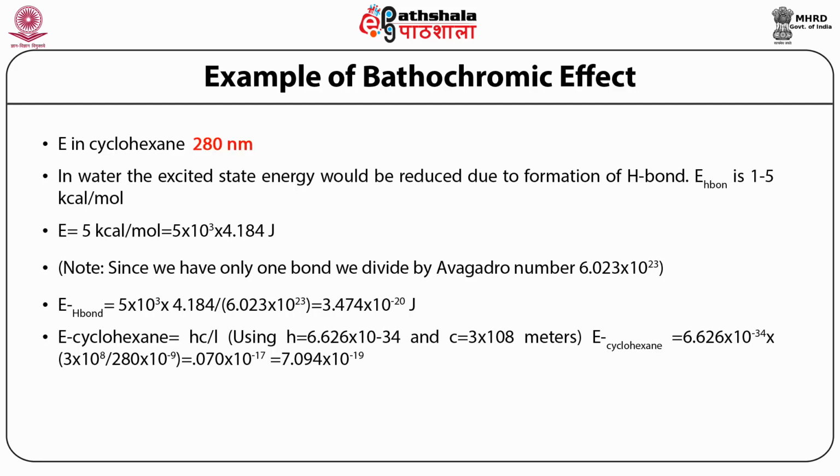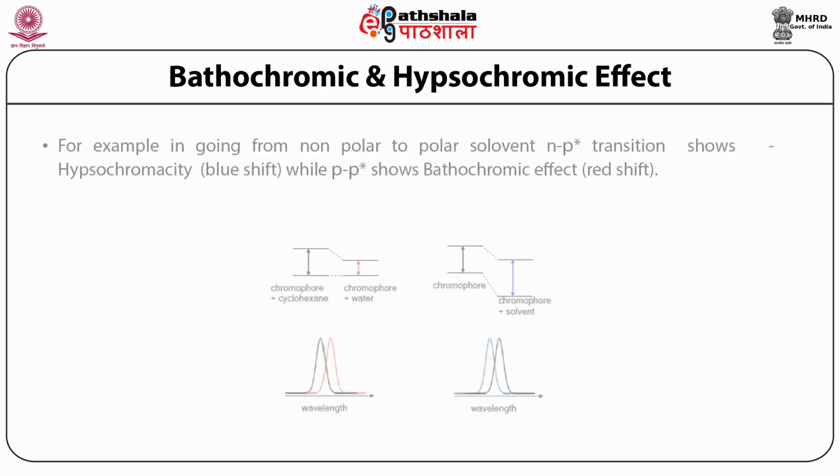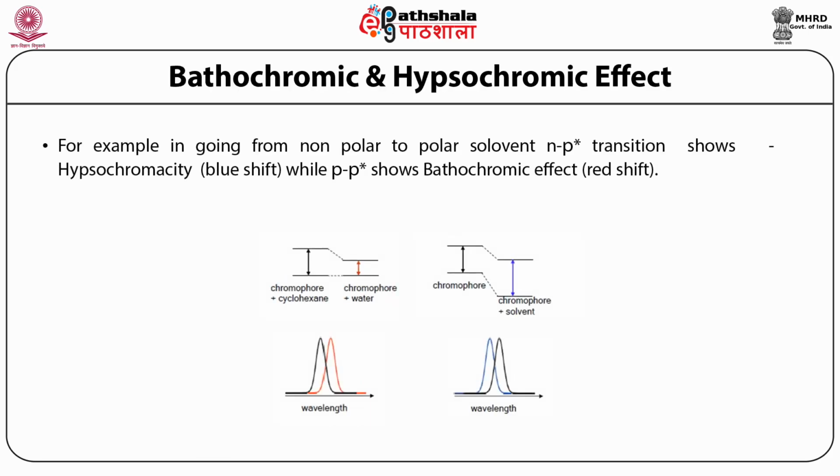And thus, we see that E in water is 6.74, whereas lambda in water is equal to 295 nanometers. I am just trying to elaborate the same example: we show the bathochromic effect for a chromophore in cyclohexane and a chromophore in water, and the upper energy level, the excited state energy level, changes.